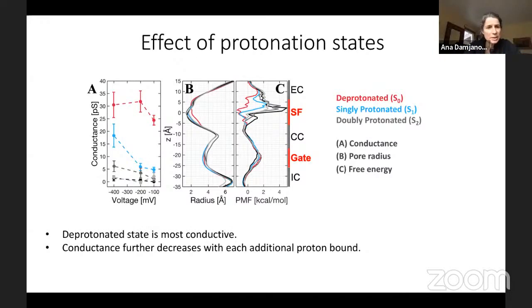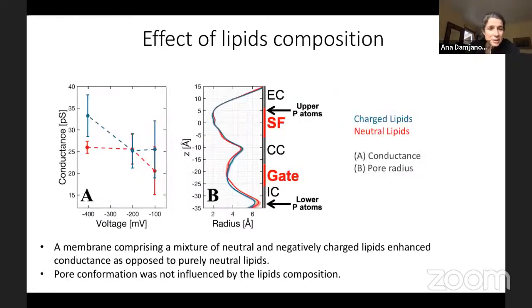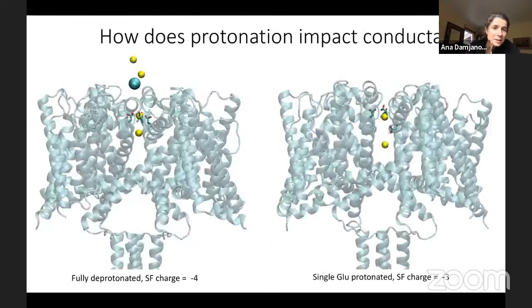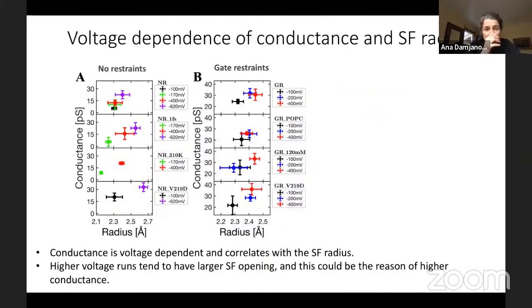No, with the higher voltages, we have more transition events. Maybe this is a good one, again showing the errors in the conductance. So we do have more transition events, but we also have a lot at 100 millivolts. Okay, thank you, very nice.